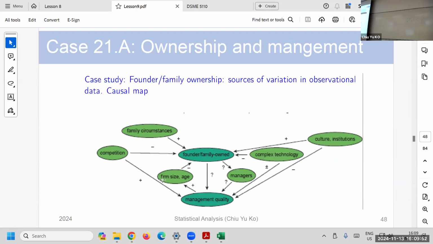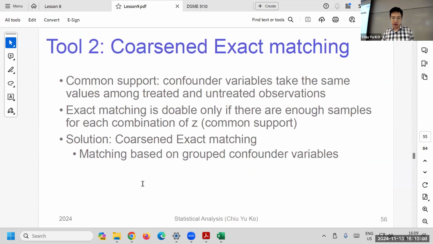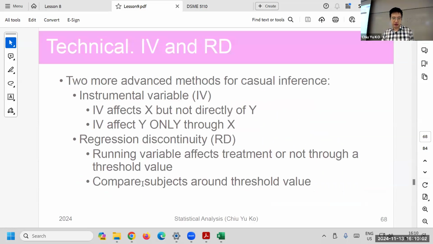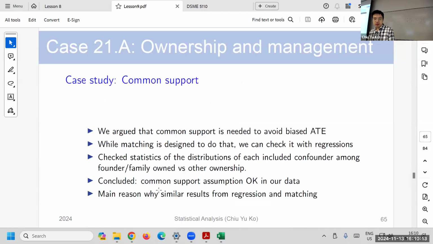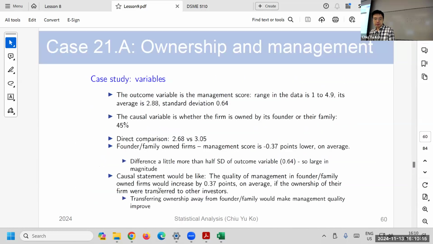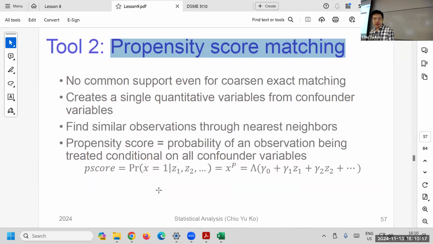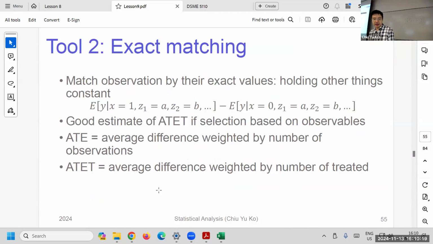This is not solved. At the very end, there are techniques that you need a PhD to understand. They are called IV and regression discontinuity. These are the two particular techniques that can solve this problem.